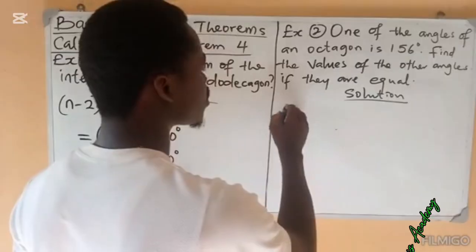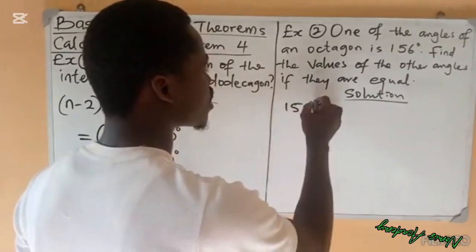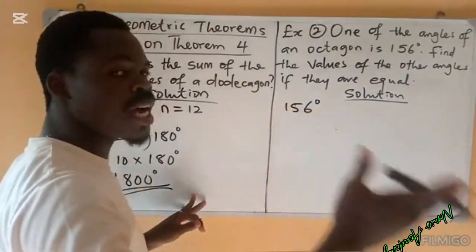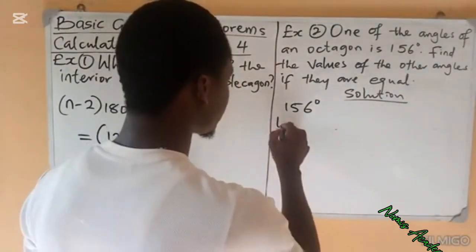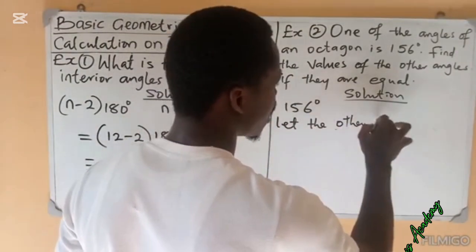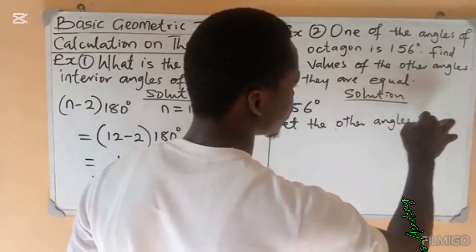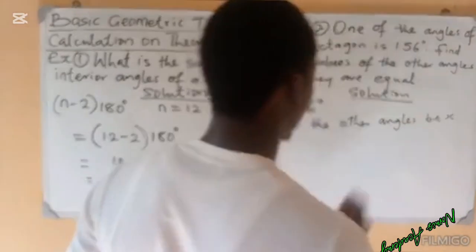Now the first angle is 156 degrees. And then the other angles, the remaining 7 angles, are equal. So we say let the other angles be x. Since they are equal, let it be x.